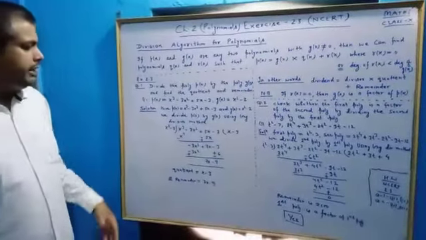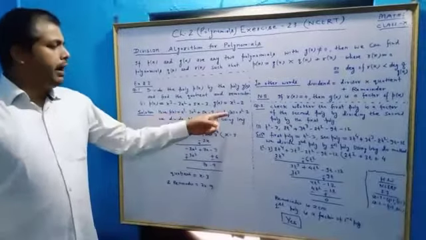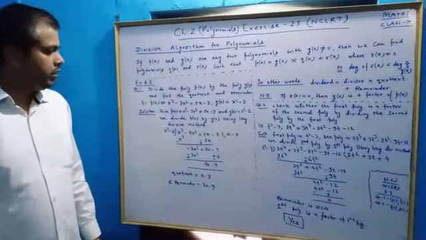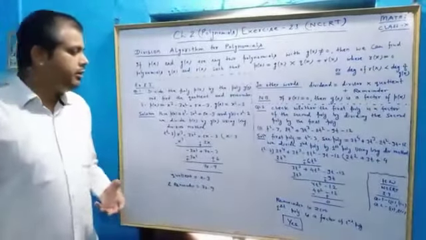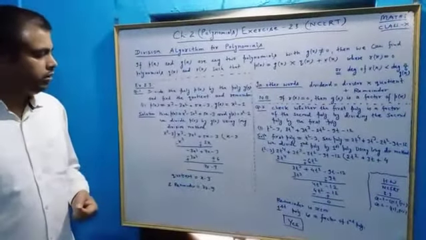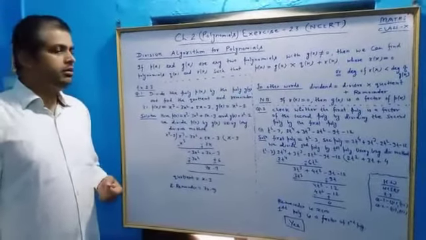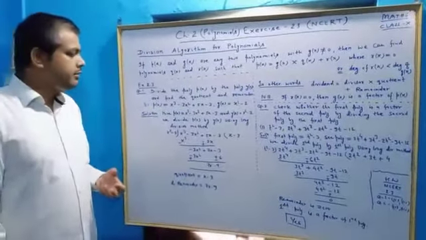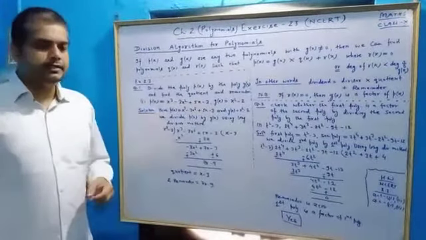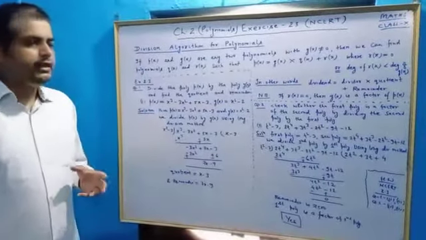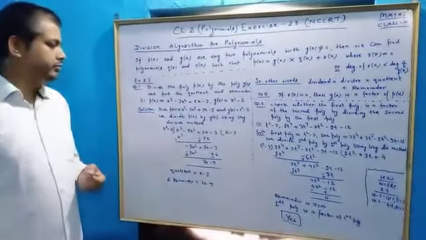Now according to the question, we divide p(x) by g(x). For this we use the long division method. Before starting the long division method, we arrange the terms of p(x) and g(x) in decreasing power, or decreasing degree.